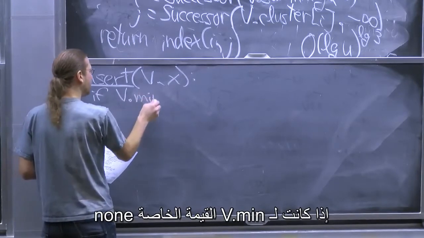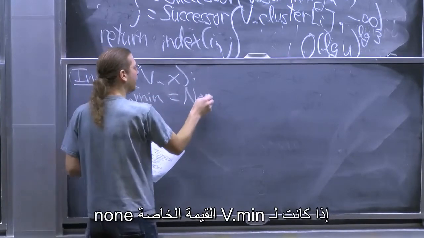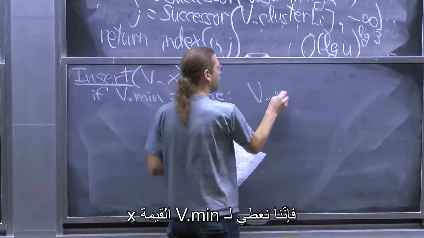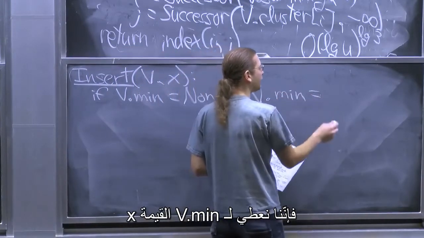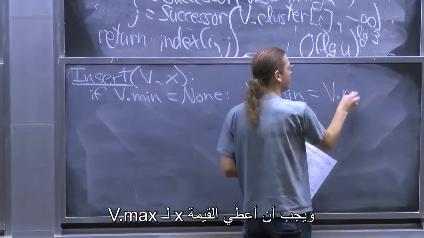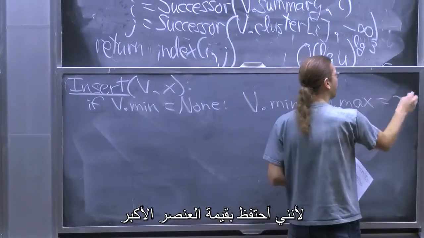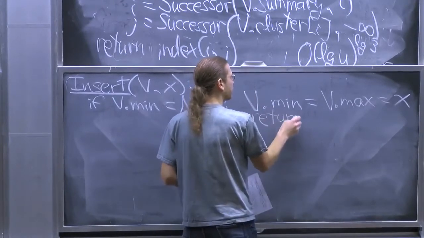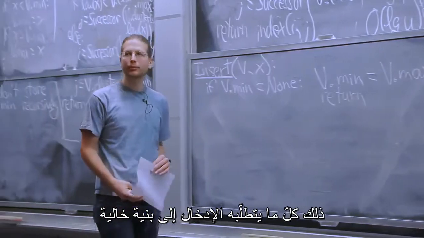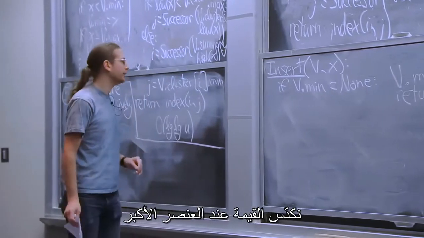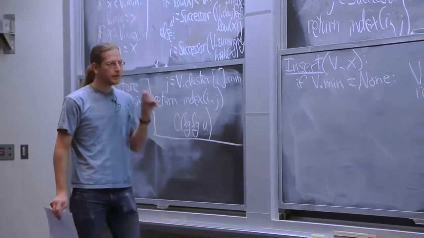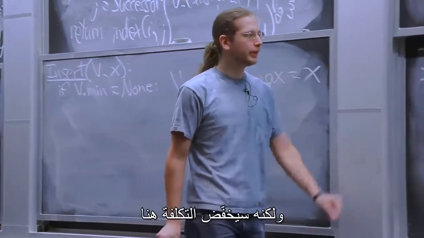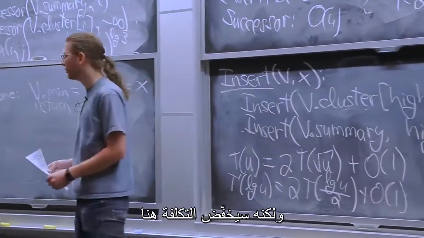If v.min is the special None value, using Python notation here, then I'm just going to set v.min equal to x. I should also set v.max equal to x, so I keep track of the maximum. And then stop, return. That's all I will do for inserting into an empty structure, is stick it in the min and max fields. This may seem like a minor change, but it's going to make this cheap.